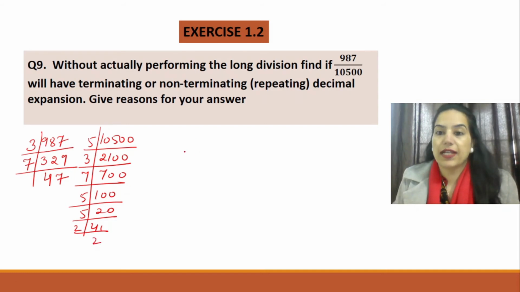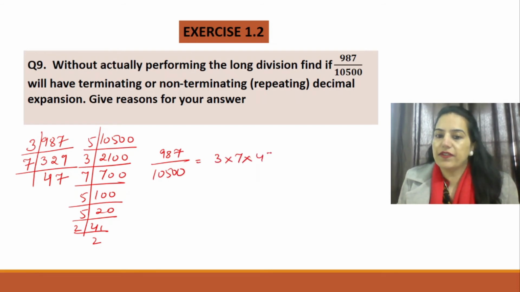So first we'll have to cancel out some common factors. Otherwise, just looking at the denominator can give you a wrong answer. So 987 is 3 into 7 into 47, and the denominator has 3 5s, then there is a 3, then there is a 7, and there is 2 raised to power 2.